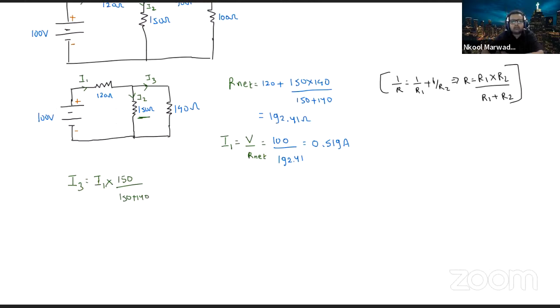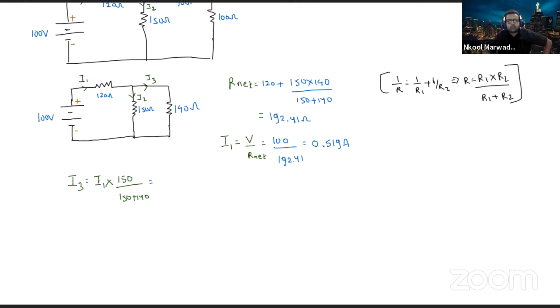Once again, I am telling you. I3 I have to calculate. I know the total incoming current. If I know the total incoming current, what will be I3? I3 will be total incoming current, that is I1, into the resistance in the other terminal, because the total current is getting distributed into I3 and I2. So the resistance of the terminal through which I2 is flowing, upon total resistance, that will be 150 plus 140. This you have to just remember, and then I3 we will get. So this is known as the current division rule.